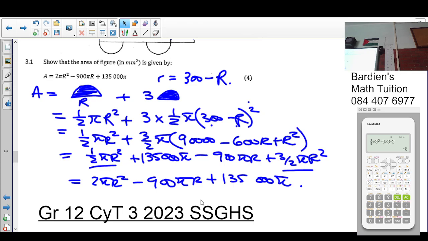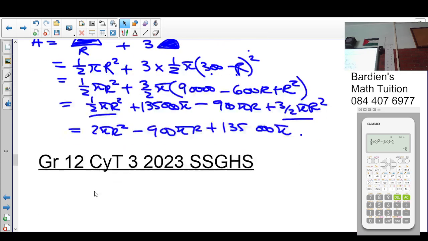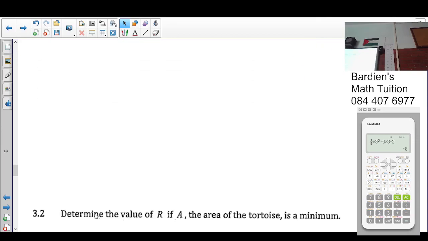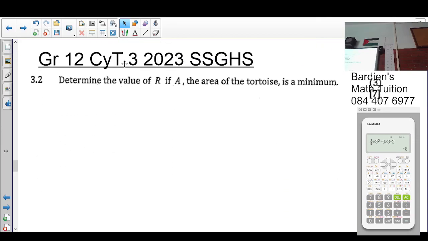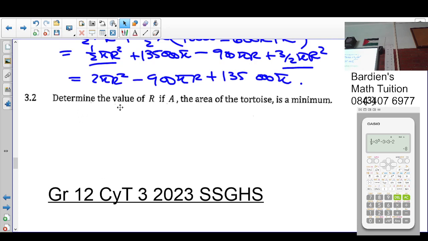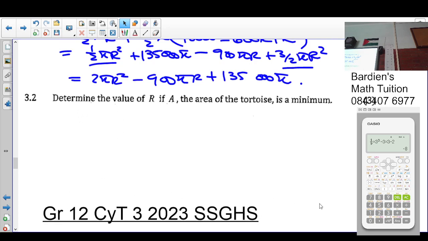Okay. In question 3.2, the question says, determine the value of R if A, the area of the tortoise, is a minimum. But for the area of the tortoise to be a minimum, we apply the first derivative.